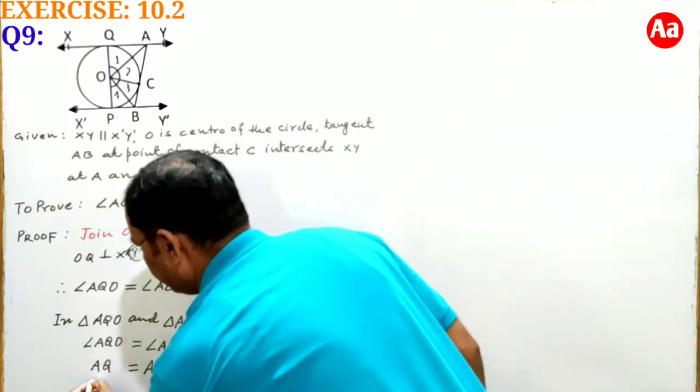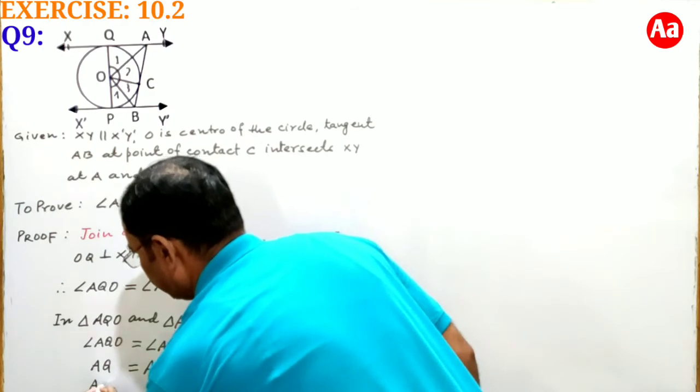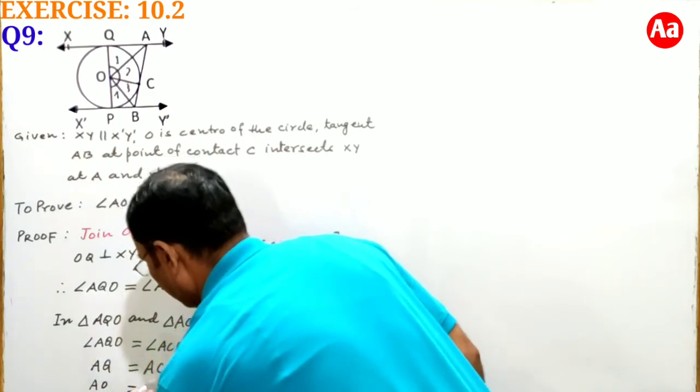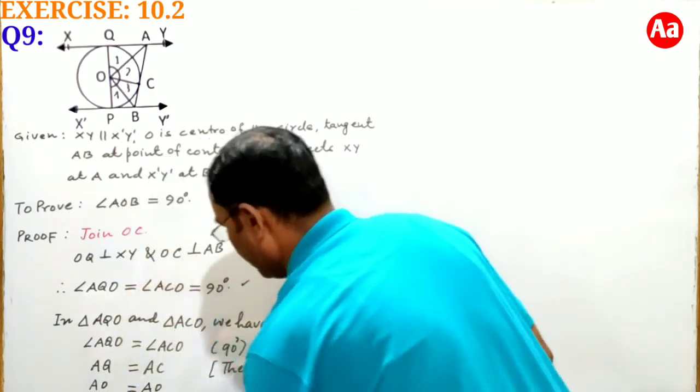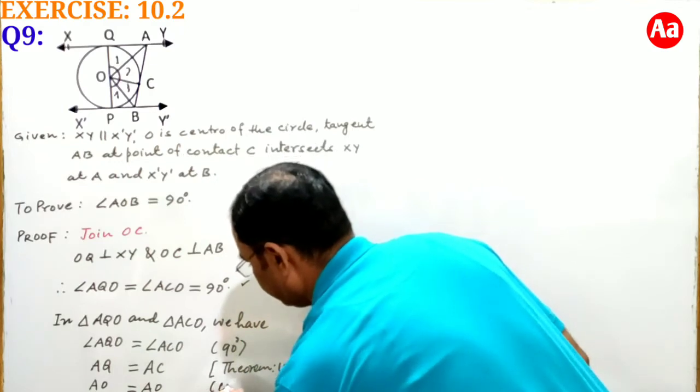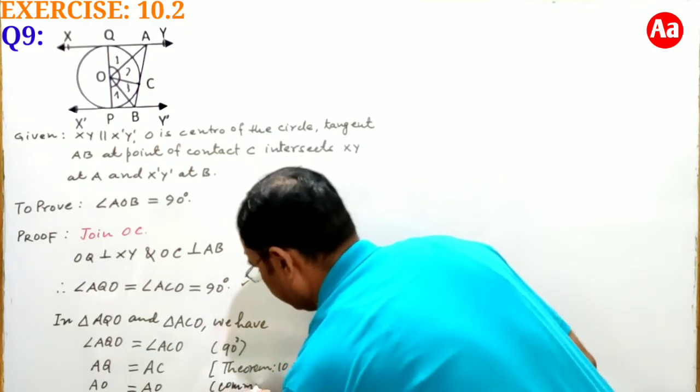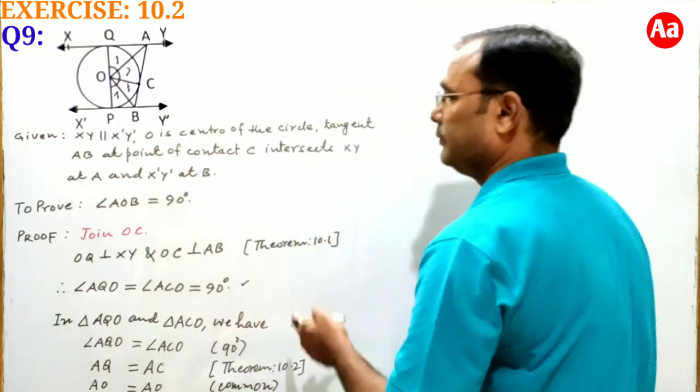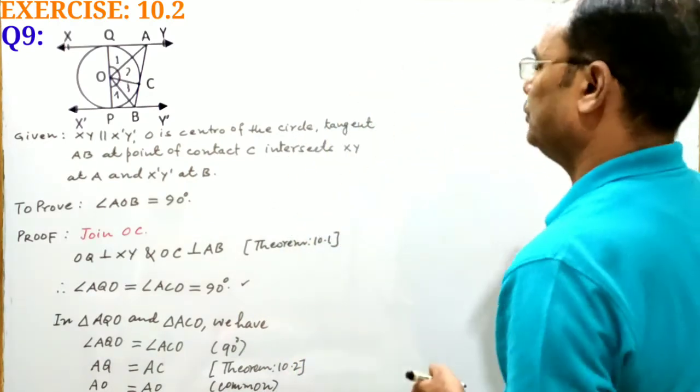AO equal to AO, common side, so AO is equal to AO.